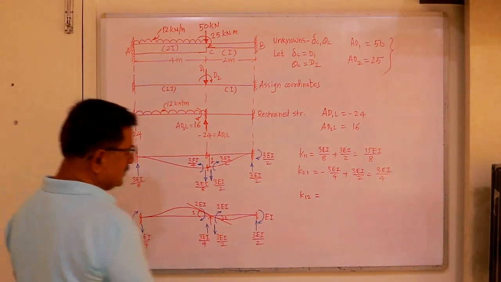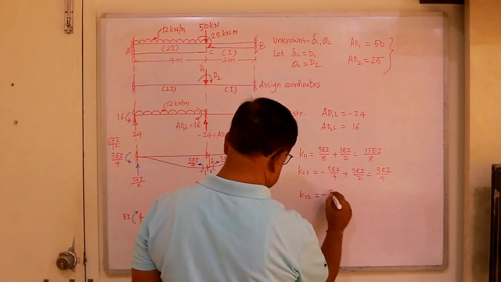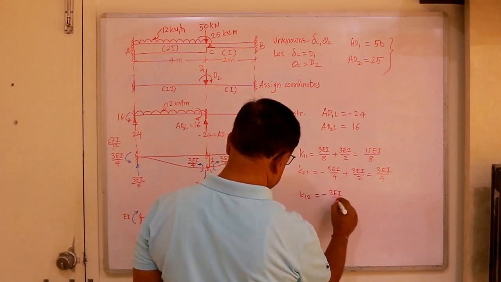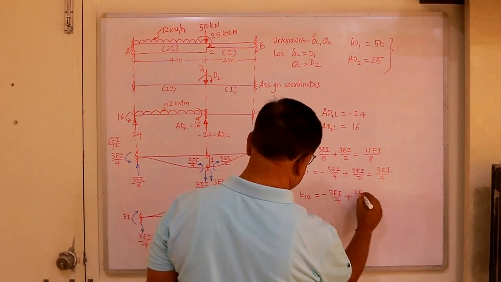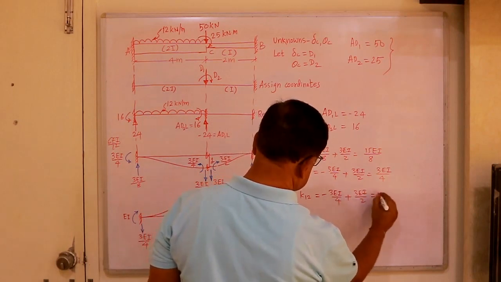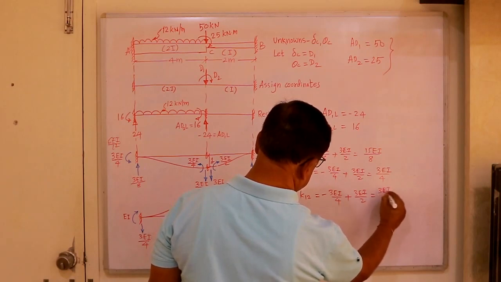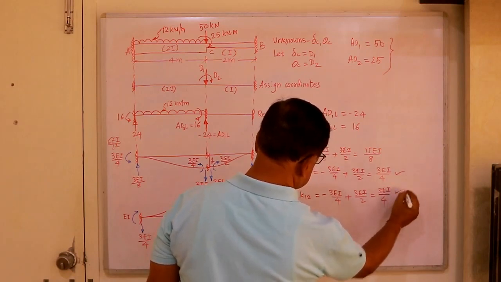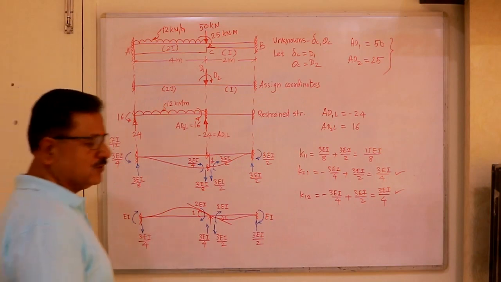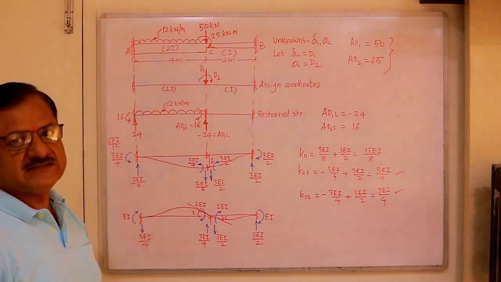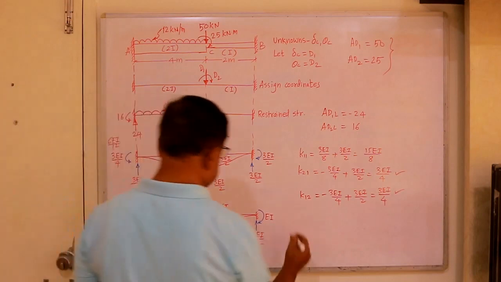Upward is negative, that is minus 3EI by 4, and downward plus 3EI by 2. So you must get the same, that is 3EI by 4. These two values must be same, because K21 must be equal to K12. That is the property of the stiffness matrix, it should be symmetrical as well as square.